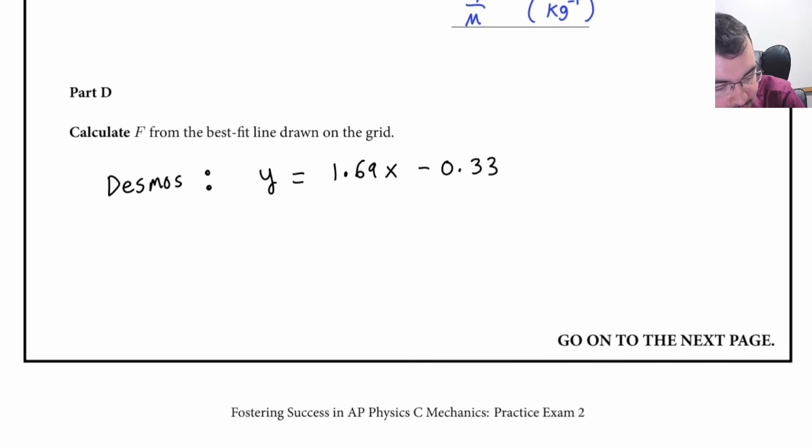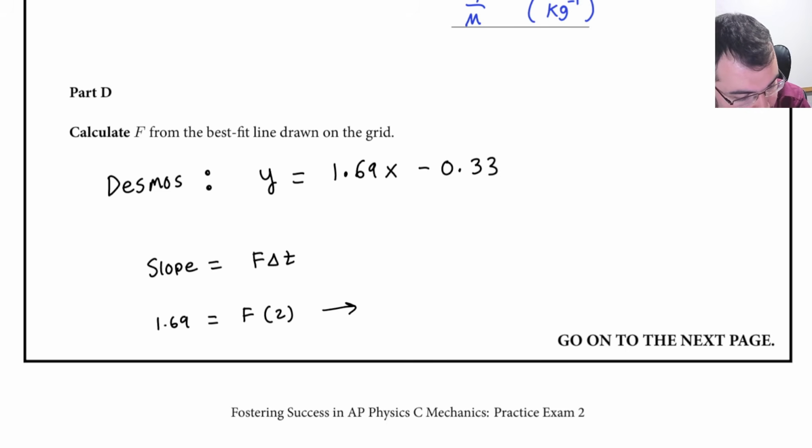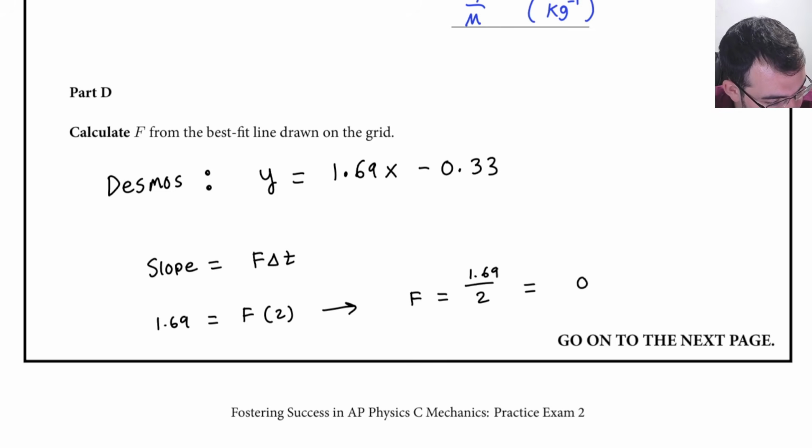Our relationship on the other page said that the slope was equal to f delta t. So 1.69 was equal to f times delta t, which was 2. So my force F was 1.69 divided by 2, which is 0.85 newtons, roughly.